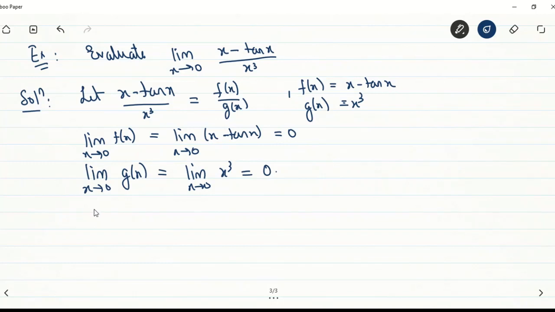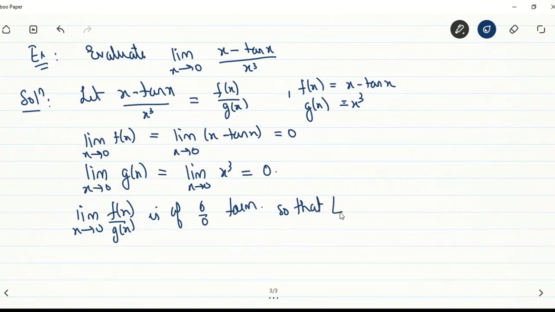Hence, this limit is of the 0 by 0 form. Therefore, the limit as x tends to 0 of f of x upon g of x is of the 0 by 0 form, so L'Hospital's rule is applicable.